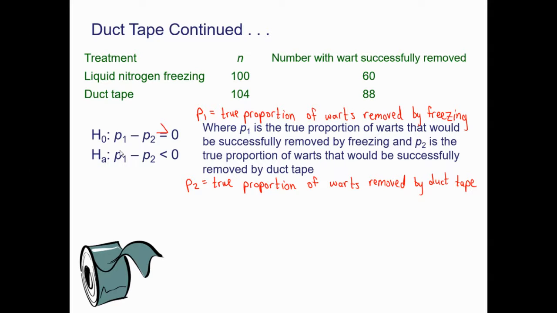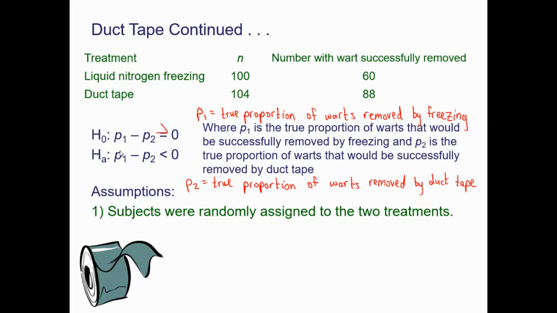So now that we have the hypotheses, what's the next step? Assumptions. So, do they come from a random sample? Yeah. They're randomly assigned. So yes, they are random.